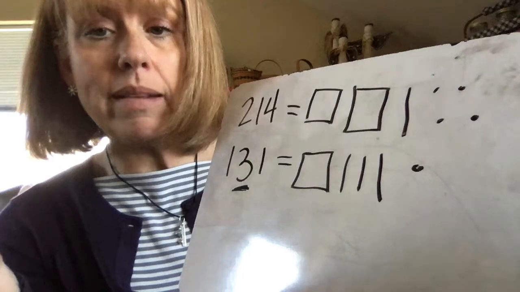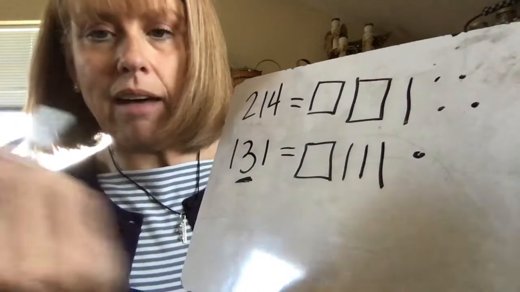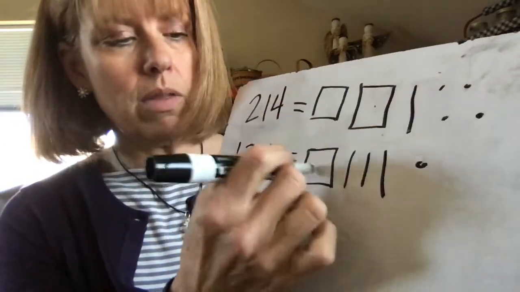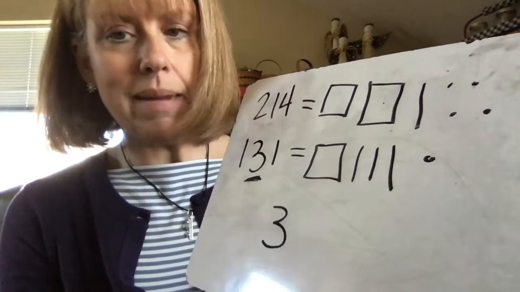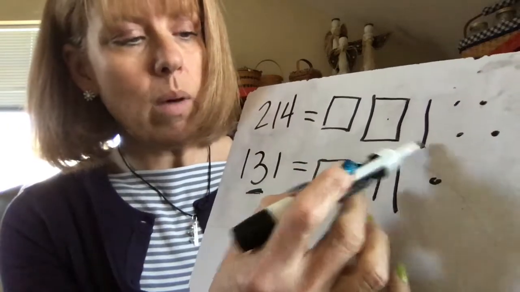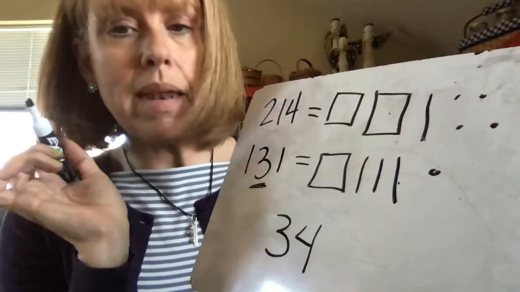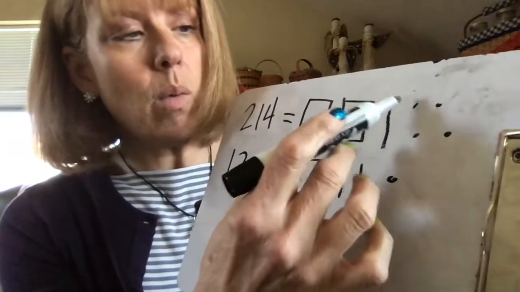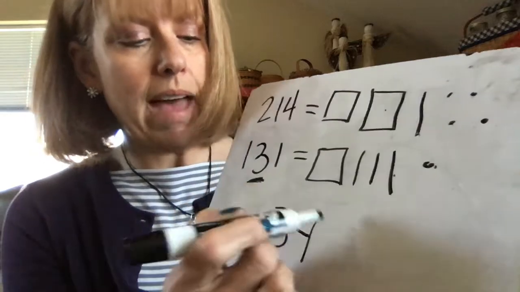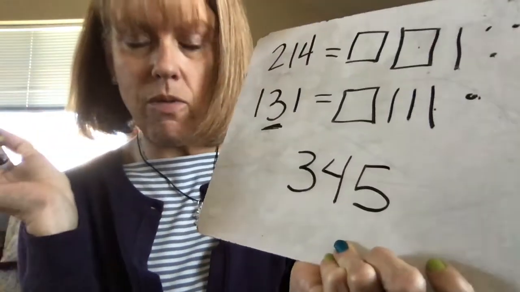All I have to do is count. How many hundreds do I have? 1, 2, 3, 300. How many tens do I have? 1, 2, 3, 4. 4 tens. How many ones do I have? 1, 2, 3, 4, 5. 345.